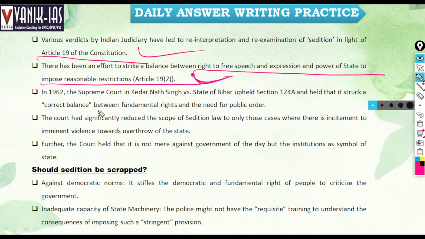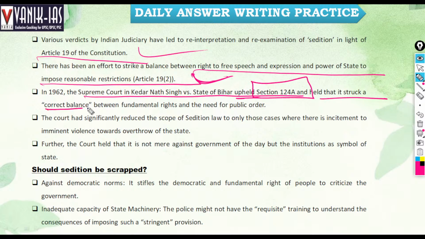In 1962, in the Kedarnath Singh v. State of Bihar verdict, the Supreme Court upheld Section 124A, holding that it struck a correct balance between fundamental rights and the need for public order. It is important to keep a balance between fundamental rights and the need for public order.